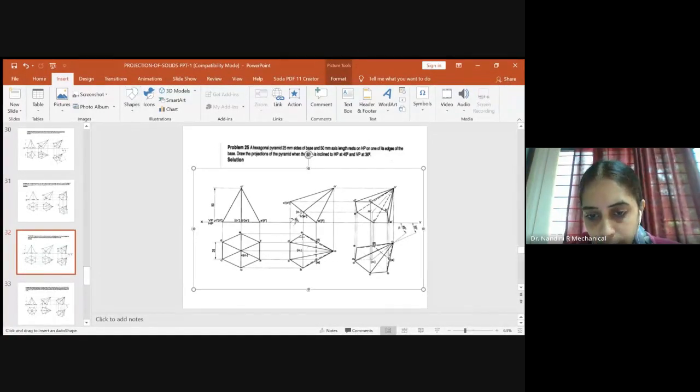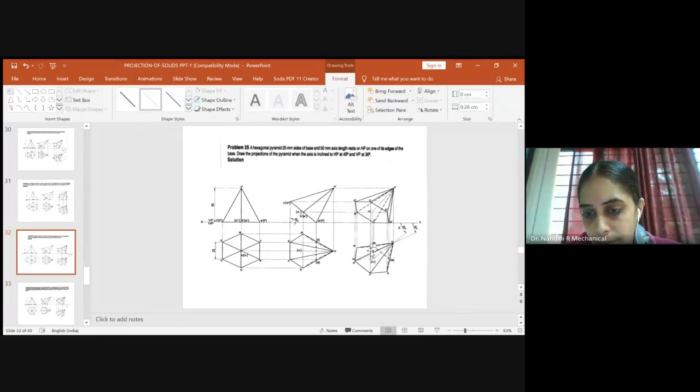From O1 to E, you will measure what is the distance. Keep one end of the compass and just make a reference point. Similarly, from O1 to this midpoint, what is the distance you measure? Keep one end of the compass here and make a reference point. From these two reference points, you will draw the perpendicular lines. From this reference point, you will just draw the perpendicular line.